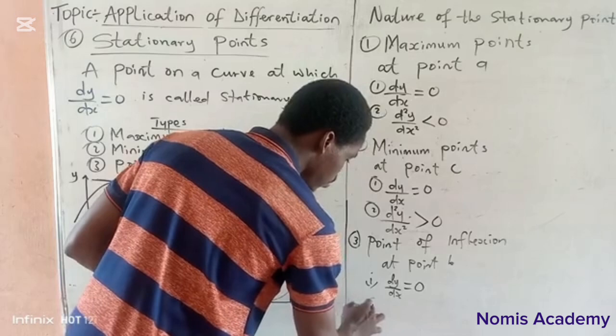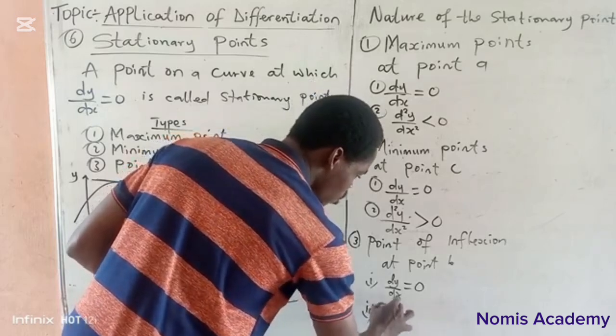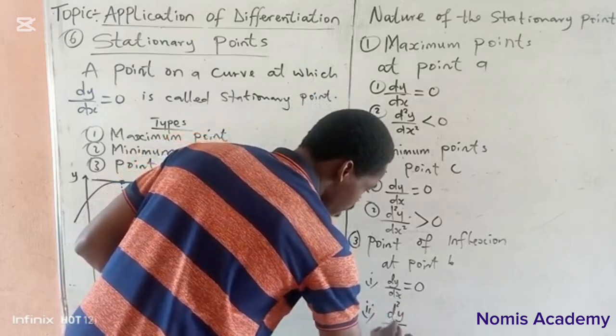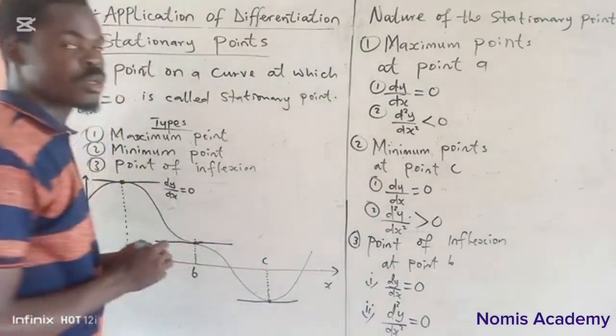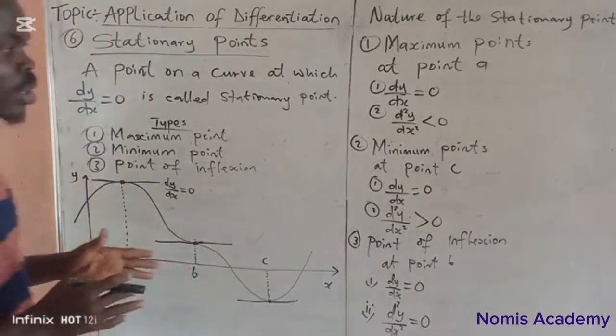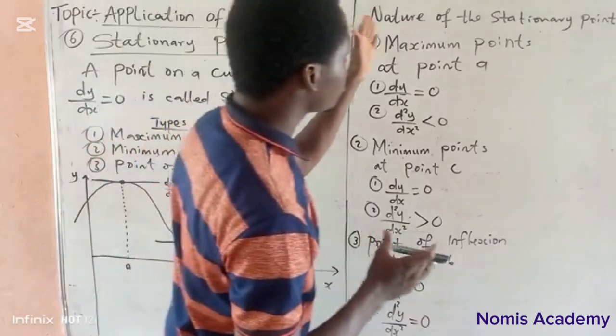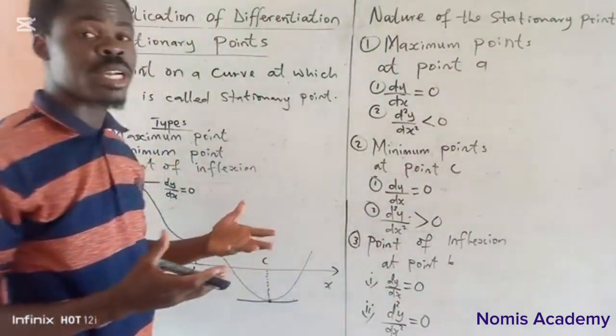The next condition is that d²y/dx² is also equal to 0. So these are the conditions attached to the nature of the stationary point.